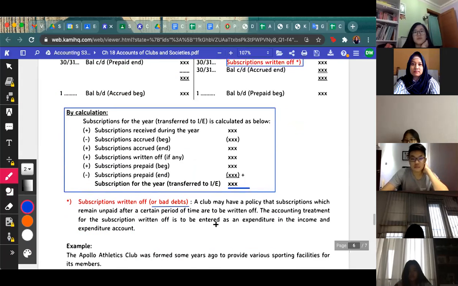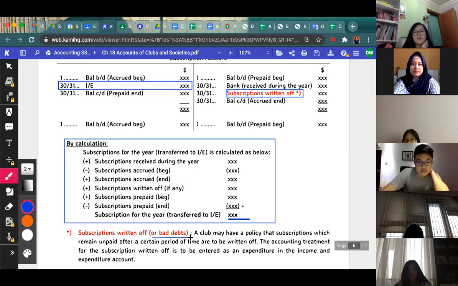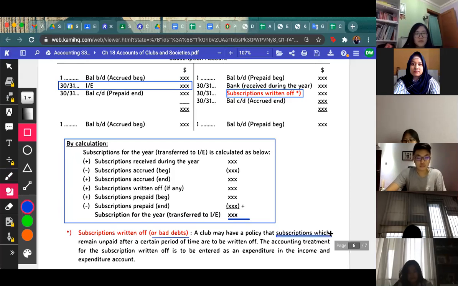Please be patient. Now, subscriptions written off or bad debts. What is that? A club may have a policy that subscriptions which remain unpaid for a certain period of time are to be written off.